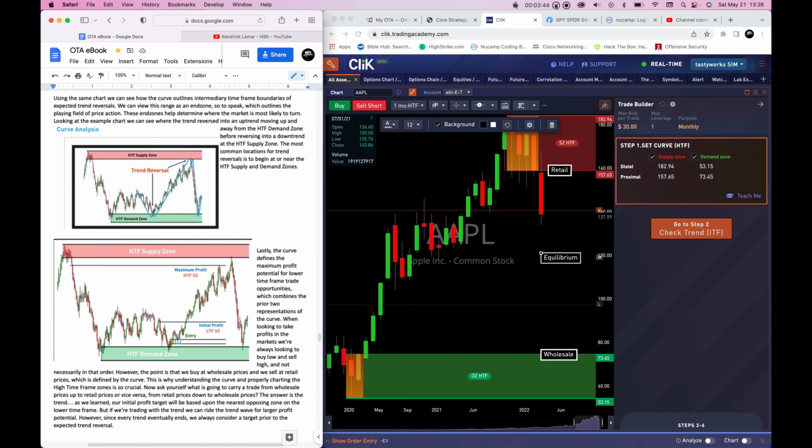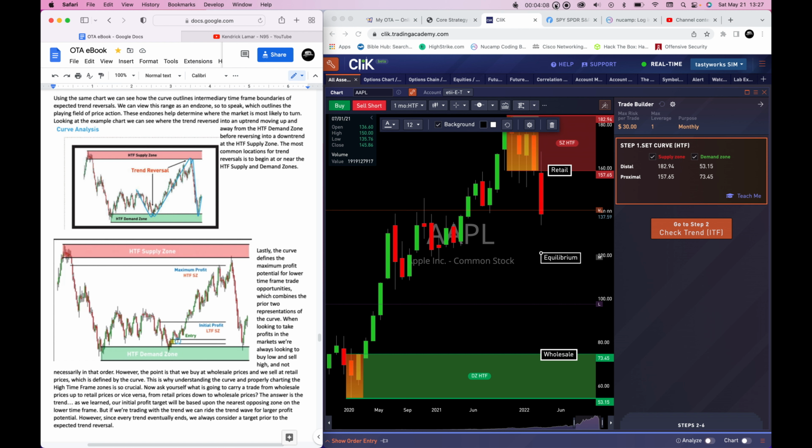Lastly, the curve defines the maximum profit potential for lower time frame trade opportunities, which combines the prior two representations of the curve. When looking to take profits in the markets, we're always looking to buy low and sell high, and not necessarily in that order.